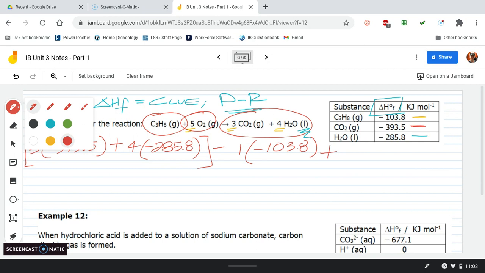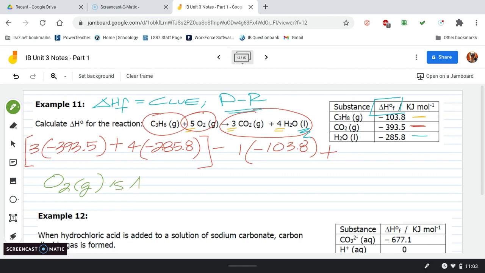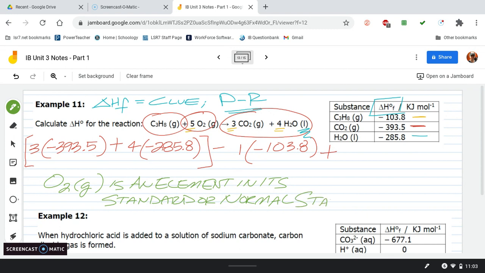So let's go ahead and write that down, that O2 as a gas is an element in its standard or normal state. And what that means is it's a big 0.